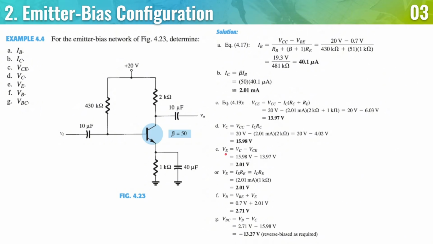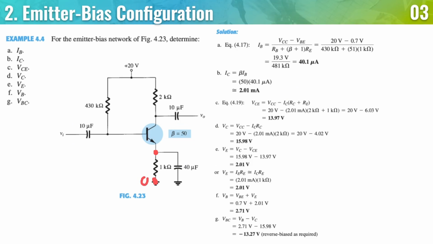Next, we have VE is equal to VC minus VCE. So this is just rearranged from VCE is equal to VC minus VE. So it's just rearranged. For VE, okay, so VE is here. And then notice that it is connected to ground.